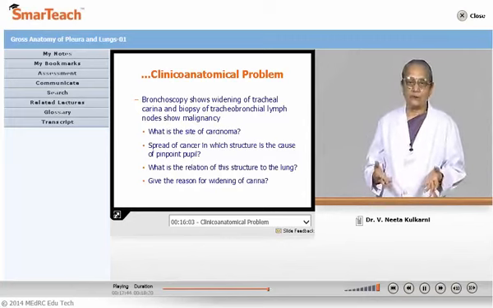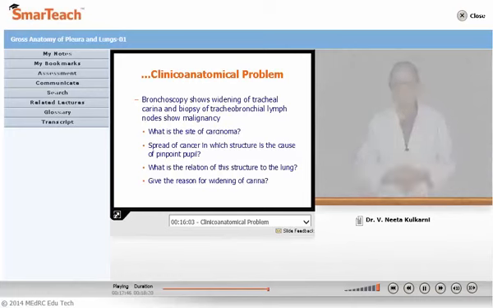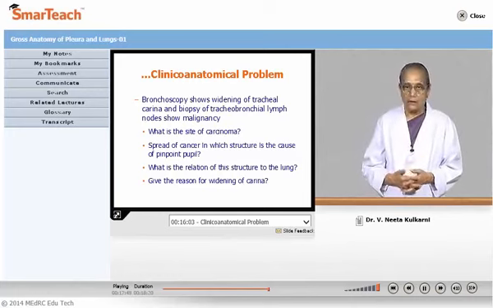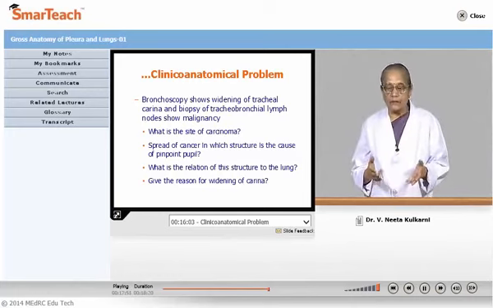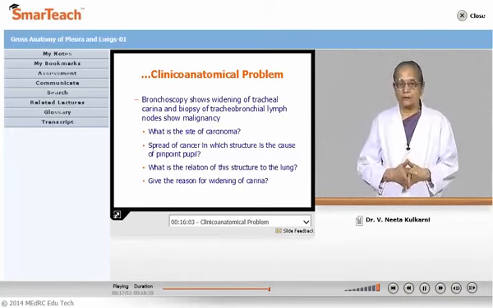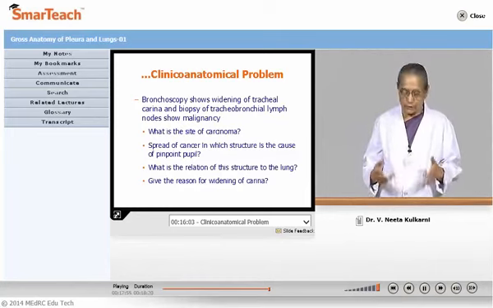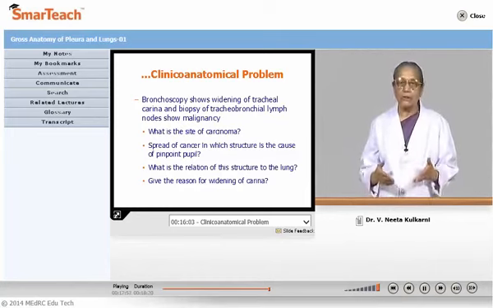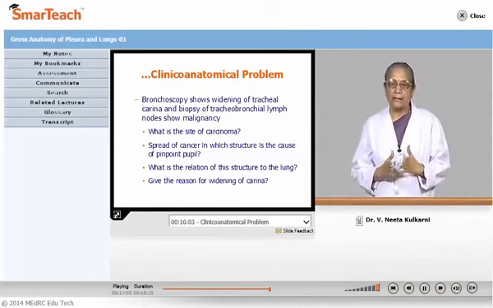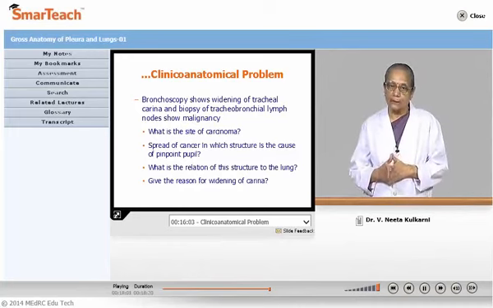And now the picture is very clear, that is malignancy of the lung. So naturally one will ask which area of the lung shows malignancy, and so on and so forth. Questions can come subsequently once you know that it is the malignancy that is on the apex of the right lung.